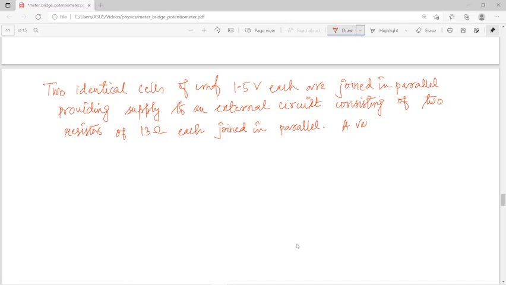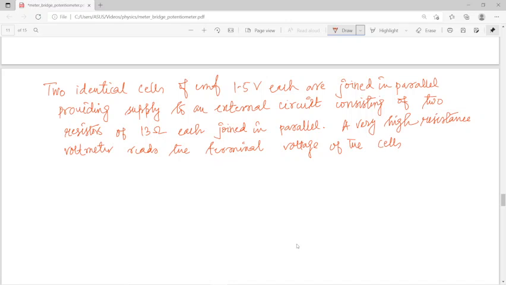A very high resistance voltmeter reads the terminal voltage of the cells to be 1.4 volt.